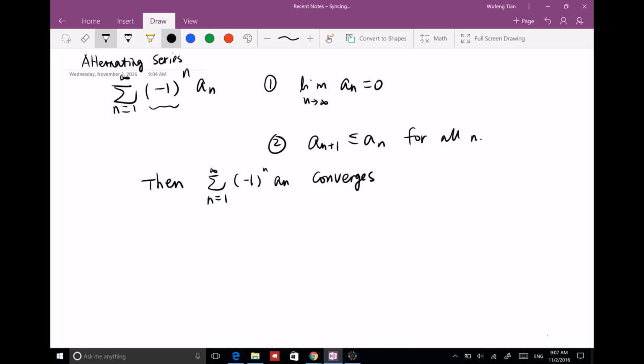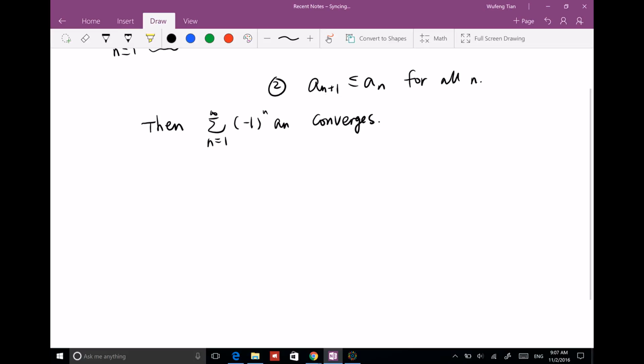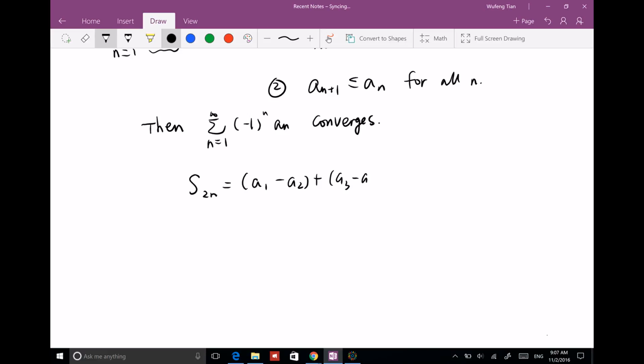So we did prove it yesterday. How do we prove it? We can continue. Yesterday we got S_2n equals a_1 minus a_2 plus a_3 minus a_4 plus up to a_(2n-1) minus a_2n.